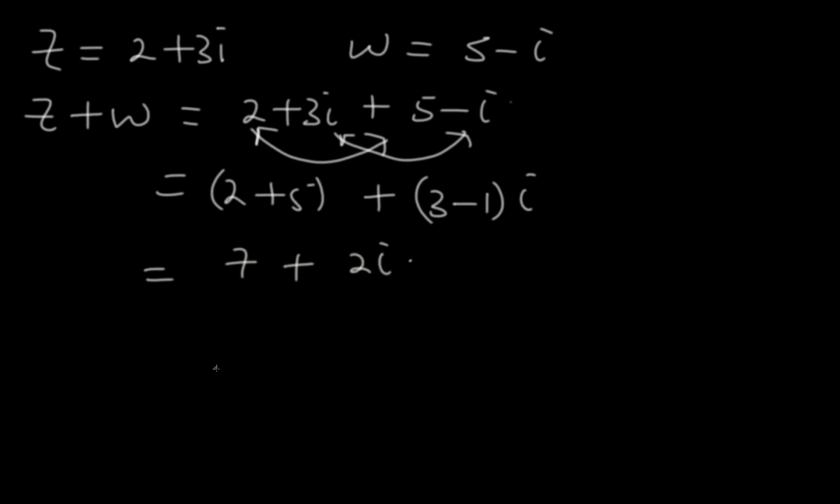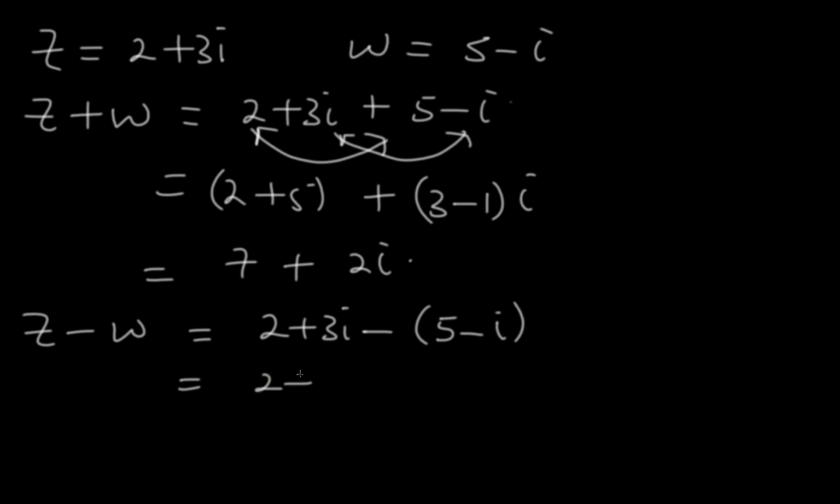Okay. Now let's find z minus w. This is the same as saying 2 plus 3i, then minus, we open up the brackets, which is 5 minus i. Okay. So this is 2 plus 3i. Then we distribute this negative throughout this bracket. Negative times a positive, that is a minus 5, and the negative multiplied with a negative, that is a positive i.